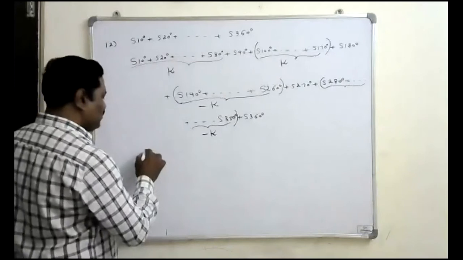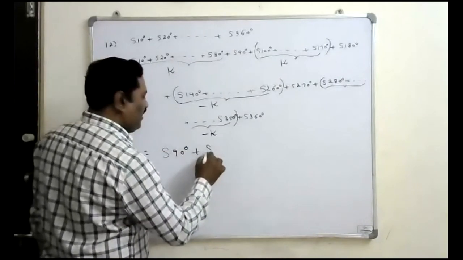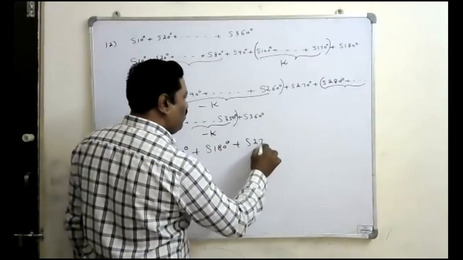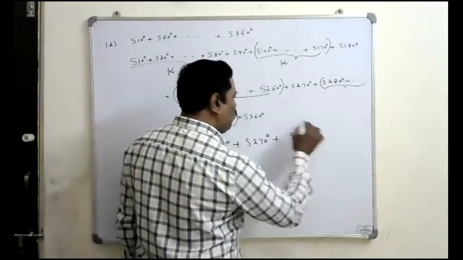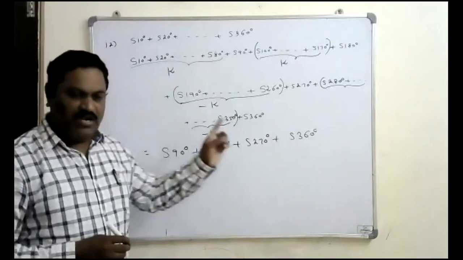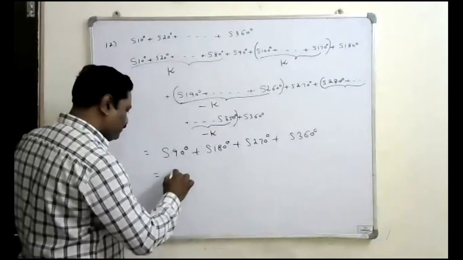Now the remaining is sine 90, plus sine 180, plus sine 270, plus sine 360. Only the sine of the quadrant angles will be remaining. In between all the terms are getting cancelled. What is the value of sine 90? 1.